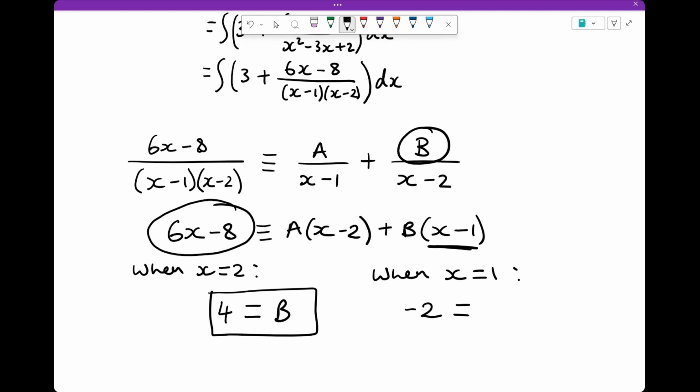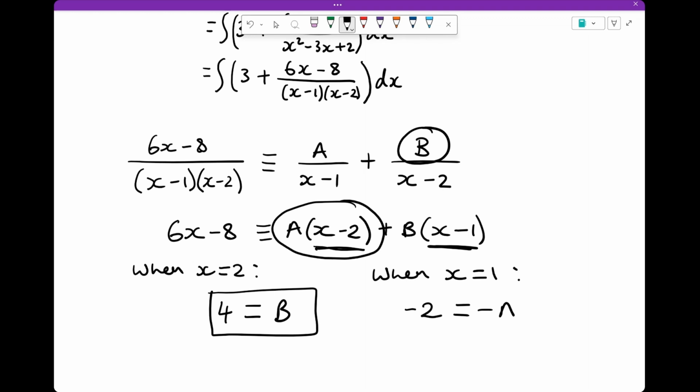And then on my right-hand side, my second term over here is going to be 0, because we know x equals 1 makes the bracket 0. For my first term here, when we substitute x equals 1 into the bracket, we're going to have 1 subtract 2, which is negative 1, times a gives us negative a. Now, if we multiply it by negative 1 on both sides here, we're going to get positive a is equal to 2. So we've got our value for a.